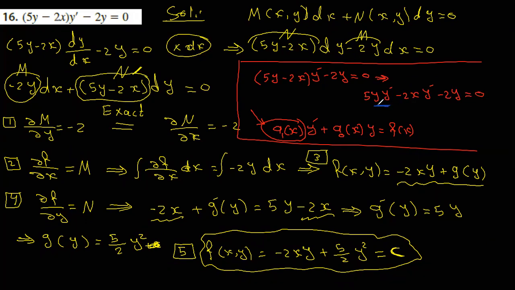Because I have a product between two y's, because I have a y and y prime. Both of them are y, but one of them has a dash. One of them is my function, and the second is a derivative. So it isn't linear. It is non-linear.